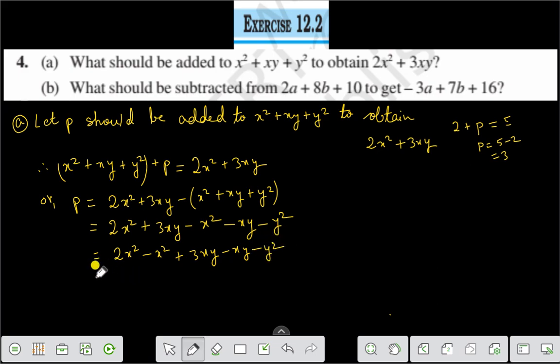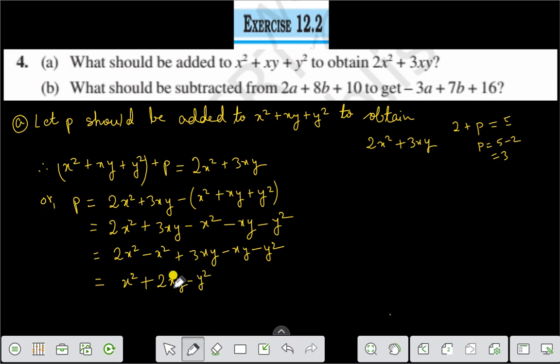Or you can find, that is 2x square minus x square, the 2 minus 1 is 1, that is x square, plus 3xy minus xy is 2xy and minus y square, right?